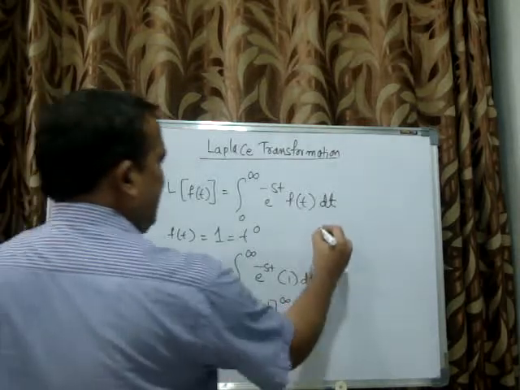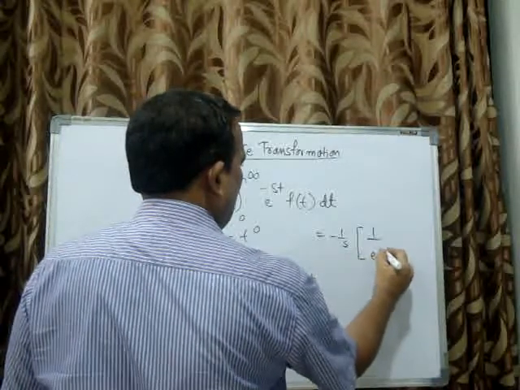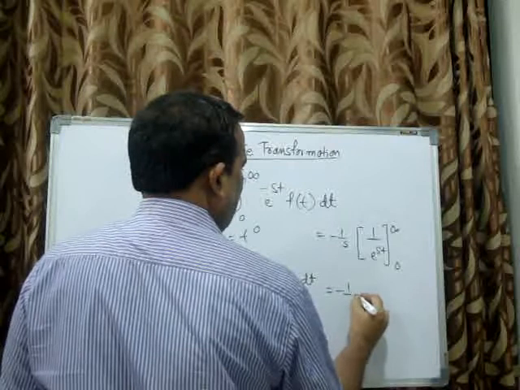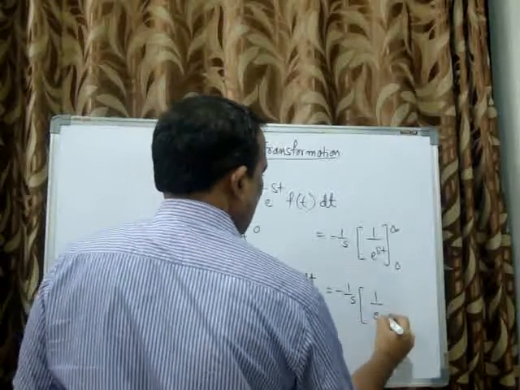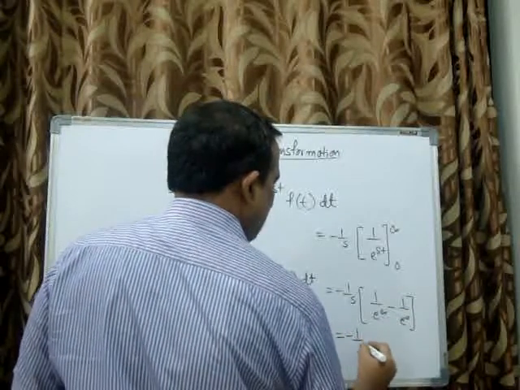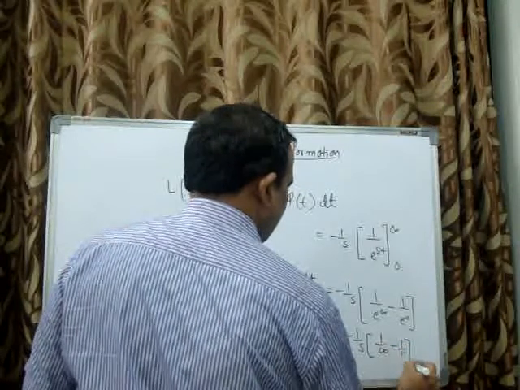Now I will take minus 1 by s common, and e raised to minus st from infinity to 0. Minus 1 by s, e raised to minus infinity minus e raised to 0. e raised to minus infinity is 1 by infinity, that is 0.